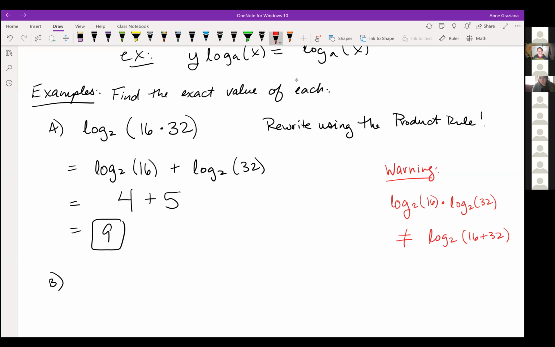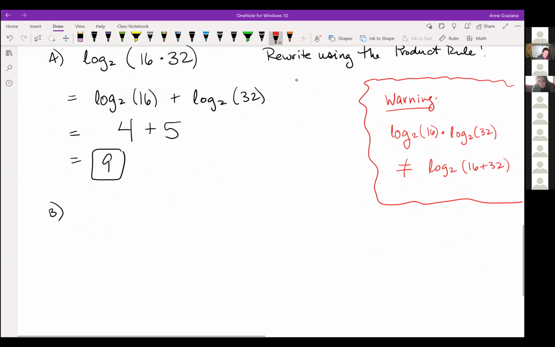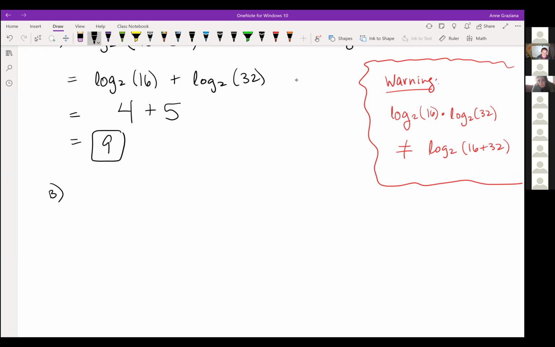So you have to be really careful that you use these in the proper way. The inside of the log has to be a multiplication problem, and then you break it up into addition. You just have to make sure you don't do it this way. That's why I asked, because I want to make sure you don't do it the wrong way. Yeah, thank you.